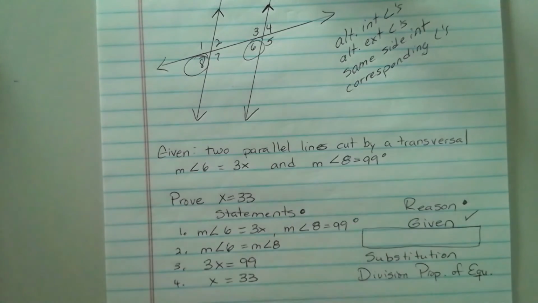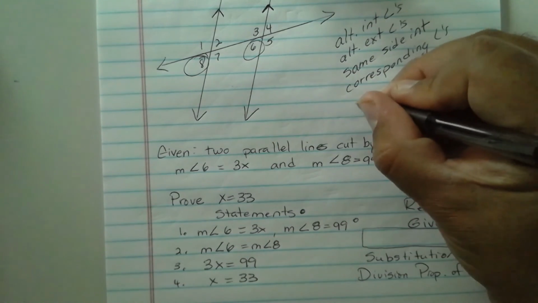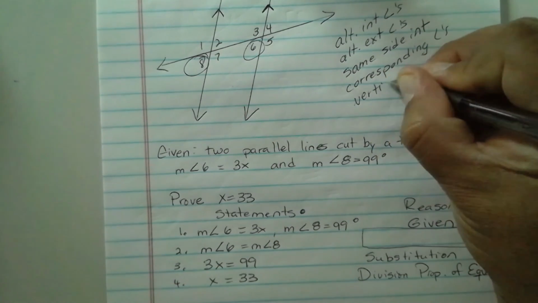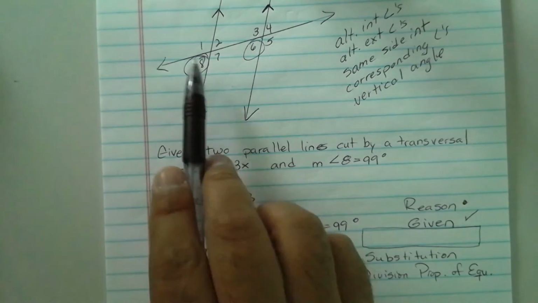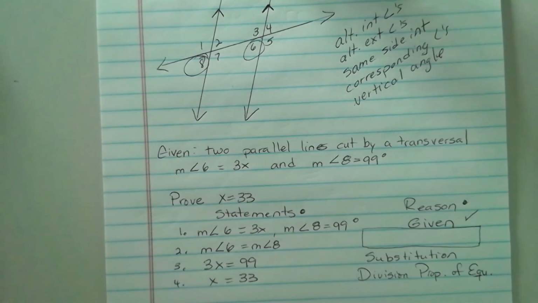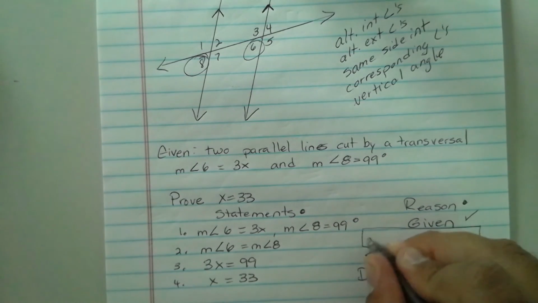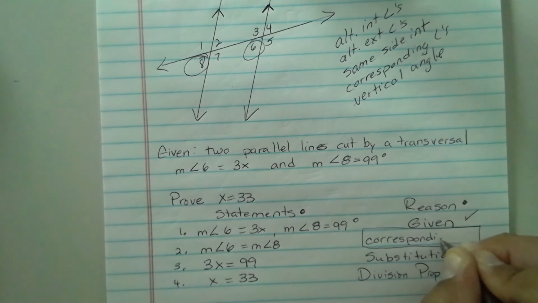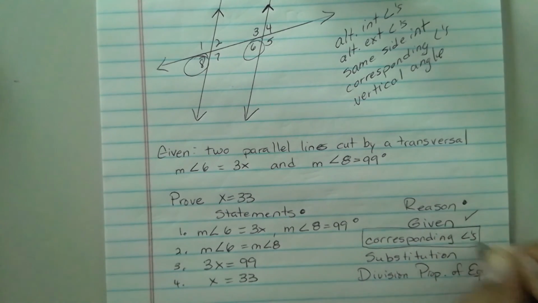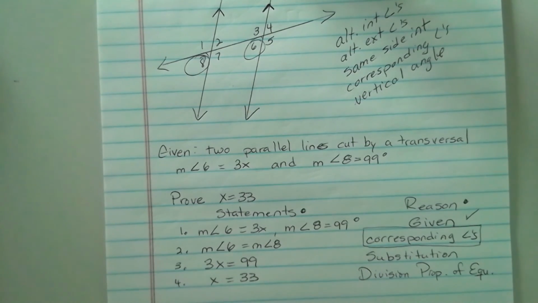Out of the four, we also talked about vertical angles. Out of the five, angles 8 and 6 are what? They're corresponding. This is your answer. Because they're corresponding angles. And that's going to be your last one.